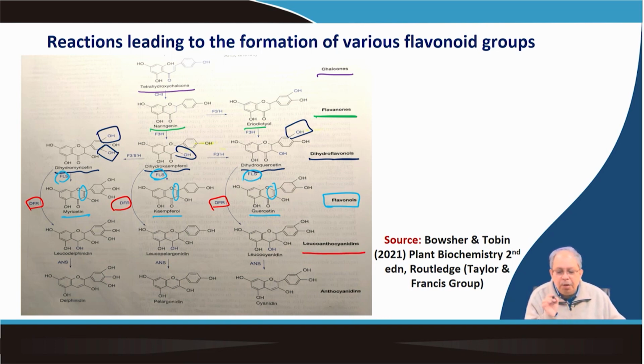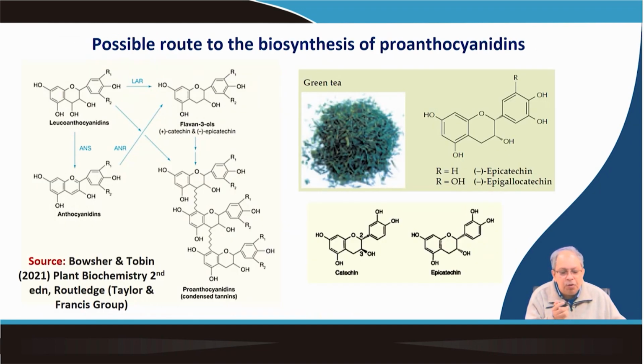My purpose here is to tell you about chalcone, flavanone, then dihydroflavonol, then flavonols and leucoanthocyanidins. Leucoanthocyanidins also take part in the formation of other products, which we will see. As I said, they play an important role in the formation of anthocyanidins by anthocyanidin synthase, but this I will discuss in the next class.